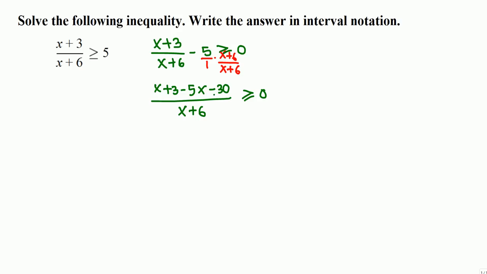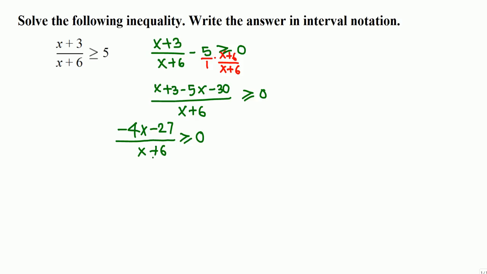Let's simplify the top. That is x minus 5x, negative 4x, 3 minus 30, negative 27, over x plus 6, bigger than or equal to 0.